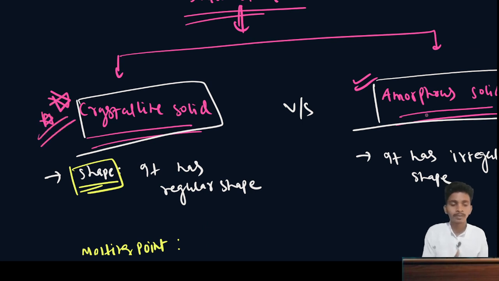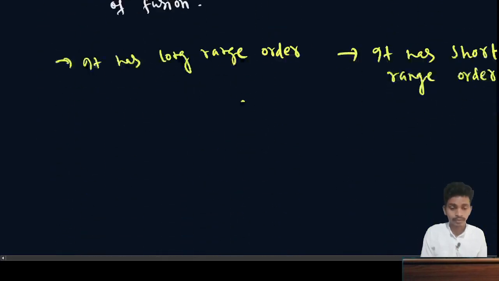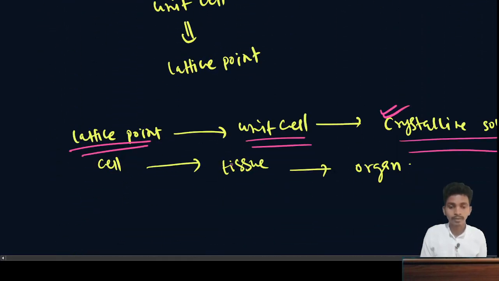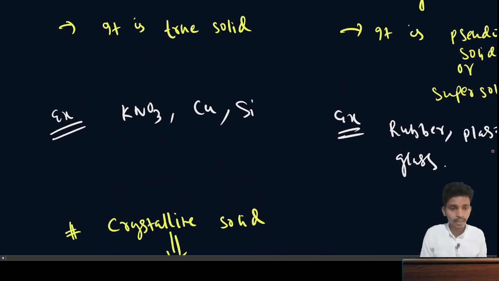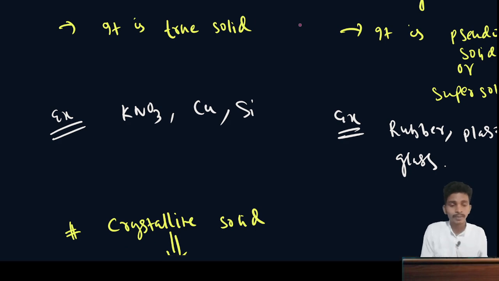We will not discuss amorphous solids because they are pseudo solids, not true solids. And note that amorphous solids can become crystalline solids by heating at a certain temperature.